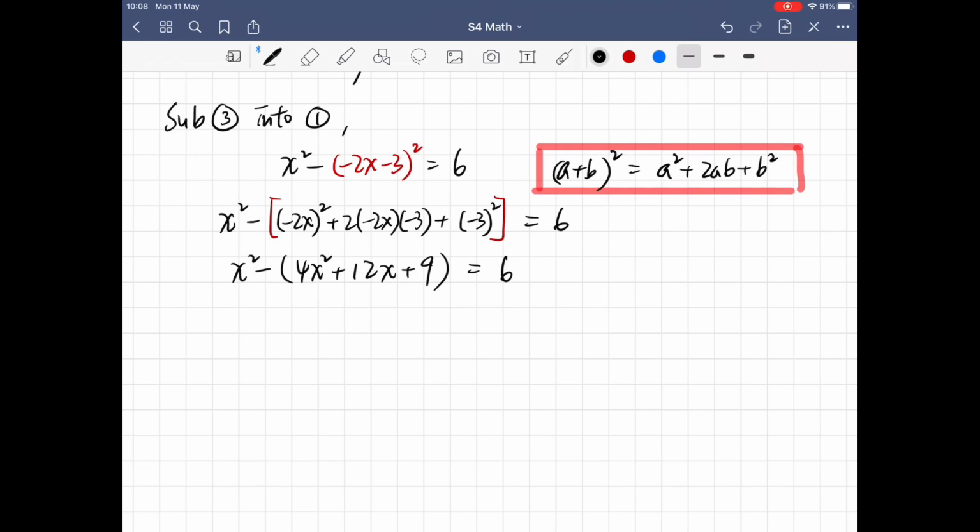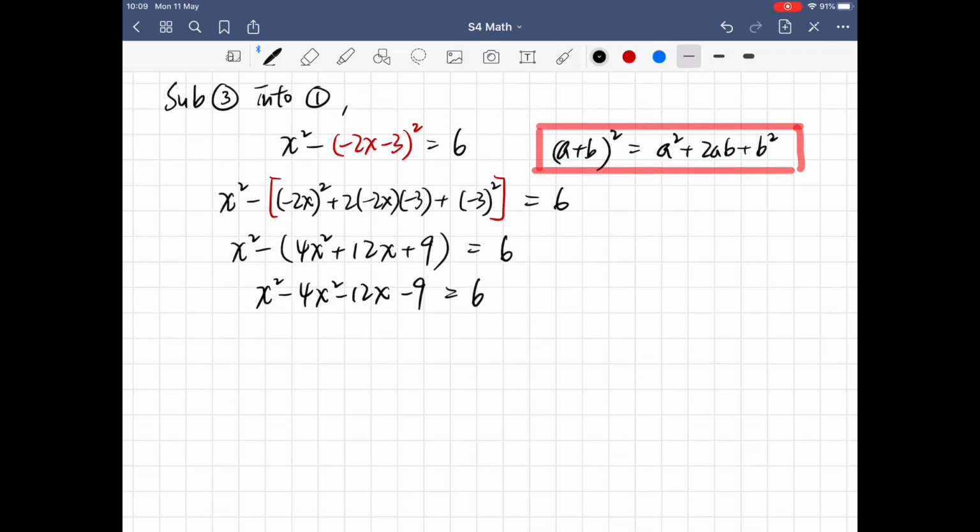Okay, afterwards, after finishing the expansion, then we can remove the brackets, and we have x squared minus 4x squared minus 12x minus 9 equals 6. Okay, and we have negative 3x squared minus 12x minus 9 equals 6.